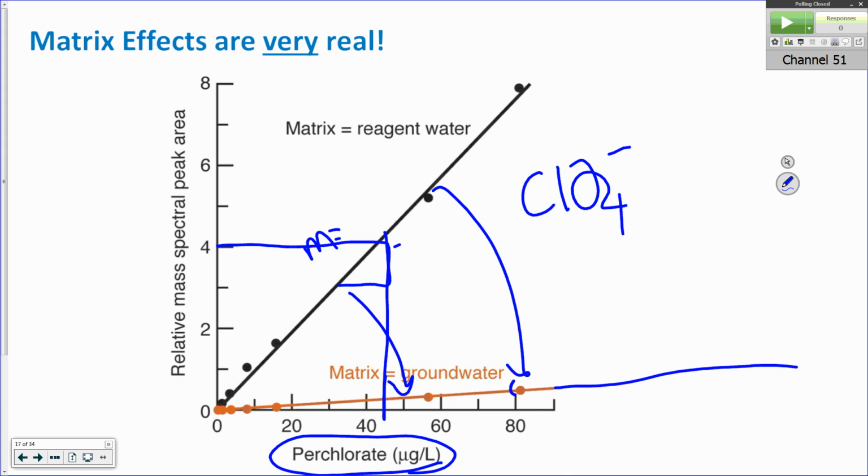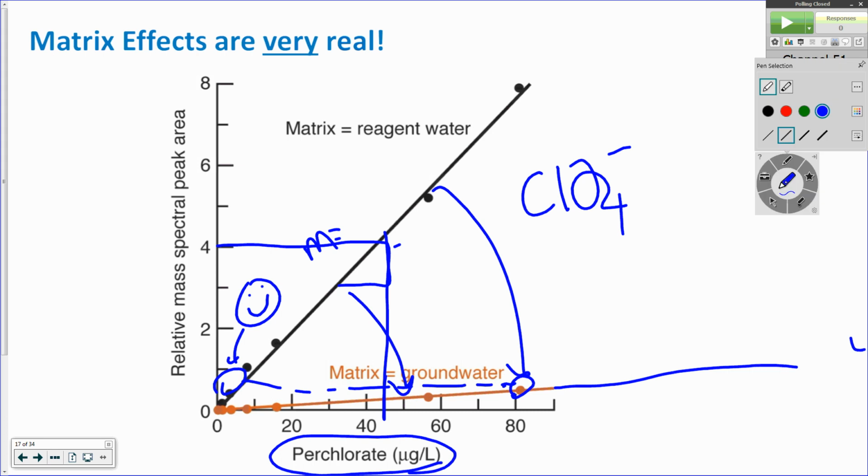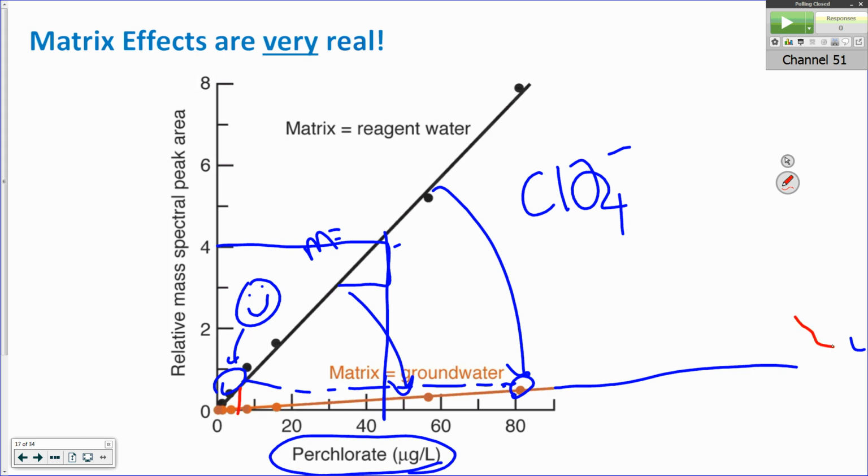I analyze it here, I don't know the matrix effect, I get this signal, and I assume this is all okay because I have a low signal. But in reality, because of the matrix effect, instead of the concentration being down here at 5 or 10 parts per billion, it's really up here in the region of 80, and it's not okay. So sometimes you have to check to see if the matrix is suppressing your signal.